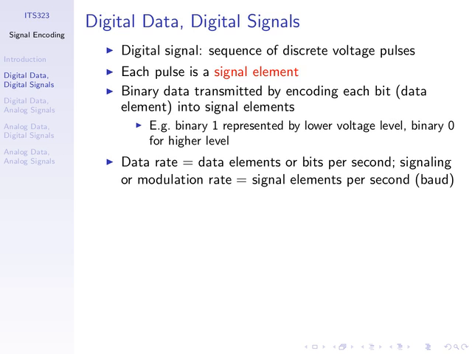Well, if there's 1 every 1 millisecond, we'll have 1,000 per second. 1,000 signal elements per second. Each pulse or each signal element represents 1 bit. Therefore, our data rate is 1,000 bits per second.